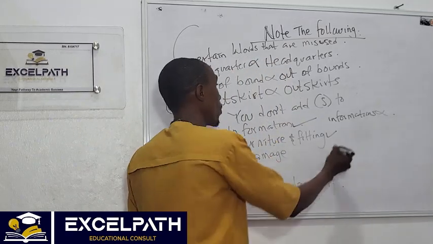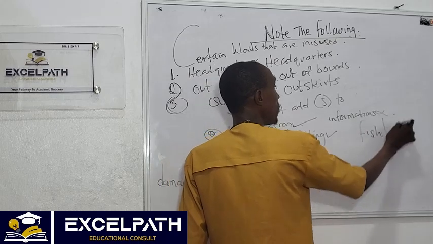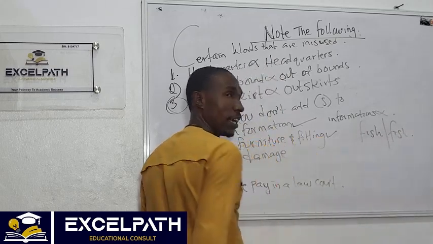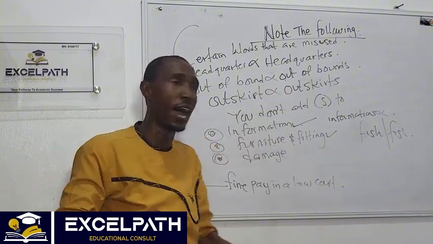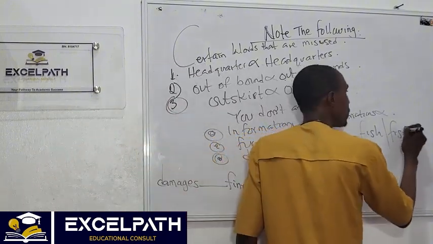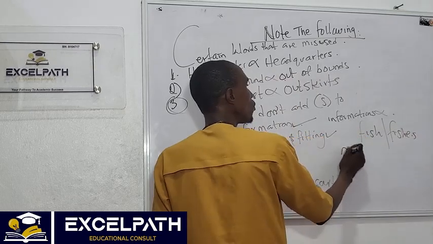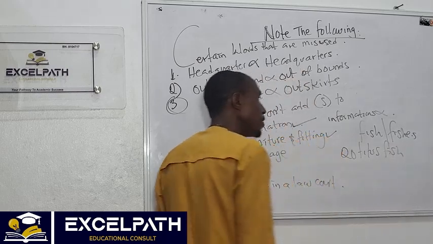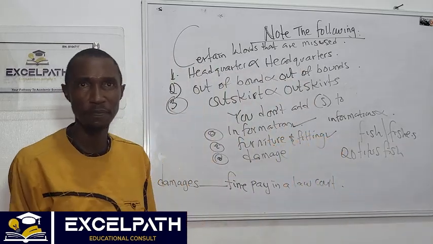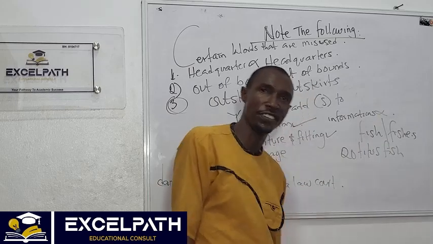Just as somebody asked, what is the plural of fish? The plural of fish is still fish. It is when you want to start explaining the species that we have, then you now mention what? Fishes. Go and buy me 20 Titus fish. You cannot say go and buy me 20 Titus fishes. So fish is fish.